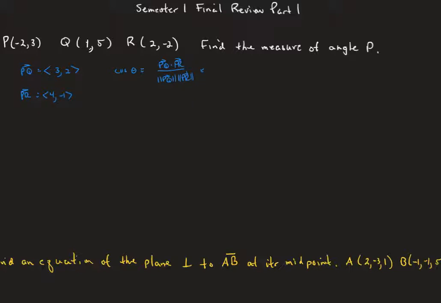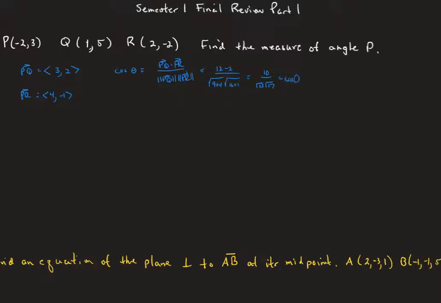So PQ dotted with PR is going to be 3 times 4 is 12. 2 times negative 1 is negative 2. In the denominator, the magnitude of PQ is going to be the square root of 9 plus 4. And the magnitude of PR is going to be the square root of 16 plus 1. So that's going to be 10 over the square root of 13 times the square root of 17.